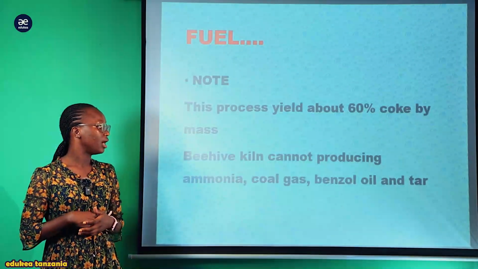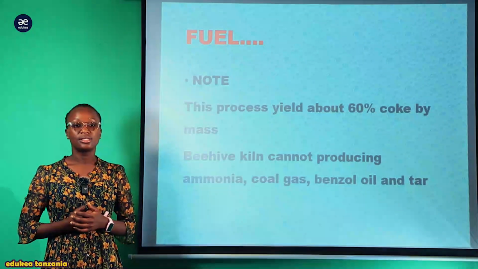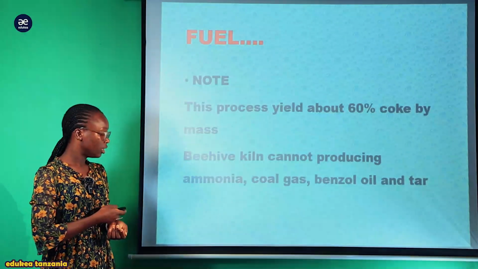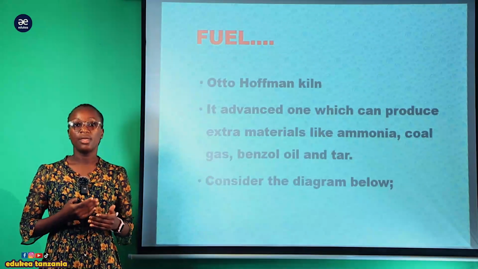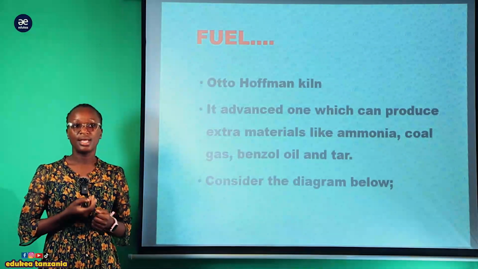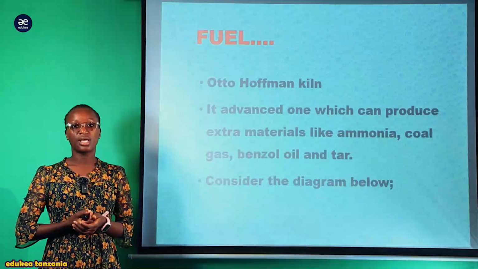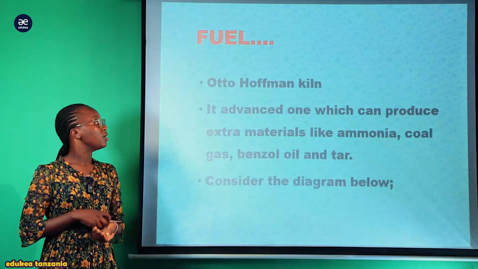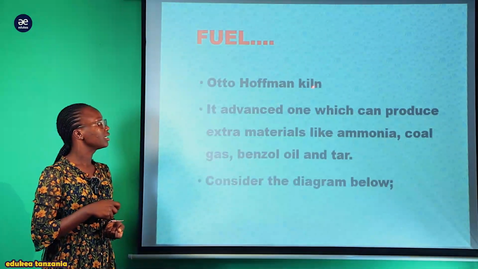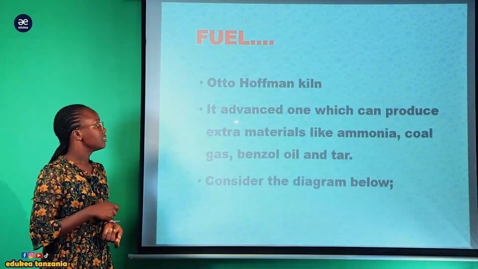So if it is difficult, it means there is another method which can be used to distill coal, and we can produce those gases, or we can refine that ammonia, coal gas and so on. What is that? This is all about the Otto Hoffmann kiln. This one is an advanced one which can produce extra materials like ammonia, coal gas, benzol, oil and tar.